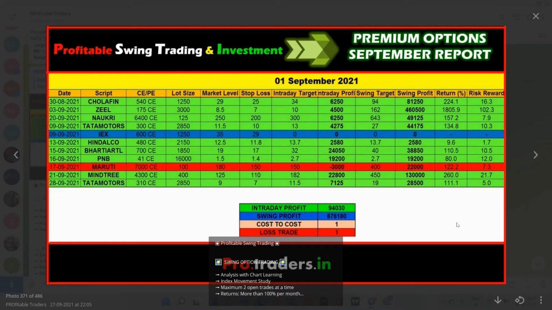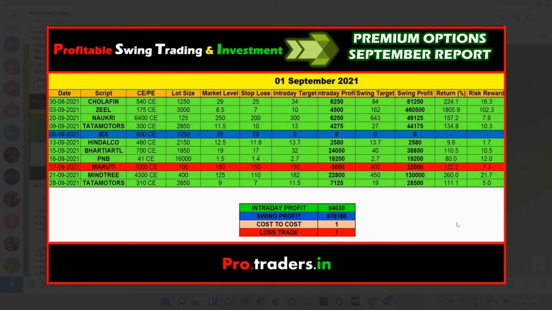Now again, here's another example or another data I would rather want to show. This is options. Okay, so premium options, and if you were with us and had joined our community, somebody definitely took these trades, and the overall intraday profit at that time on 1st of September 2021 amounts to 94,000 and swing profit of 8,76,000.